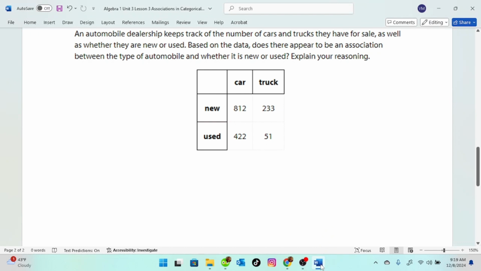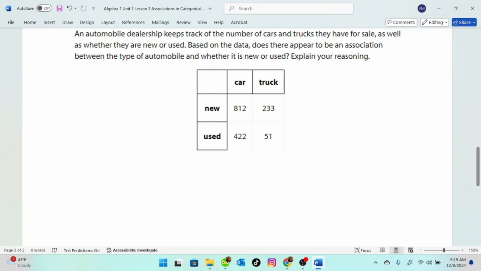Our last practice problem: an automobile dealership keeps track of the number of cars and trucks they have for sale, as well as whether they are new or used. Based on the data, does there appear to be an association between the type of automobile and whether it is new or used? Explain your reasoning.